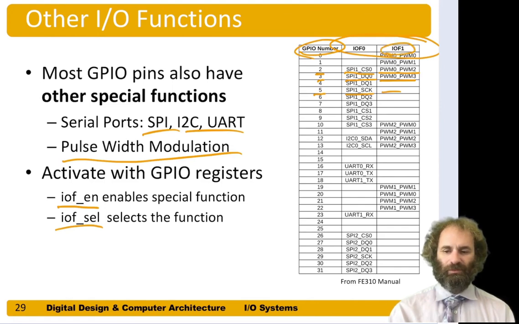So for example, if we wanted to make pin 13 be a pulse width modulation, we would write bit 13 of the IO function enable to be 1 to enable special functions, and we'd set the IO function select to be 0 if we wanted to use it for I squared C. We'd make it 1 if we wanted to use it for a pulse width modulation.